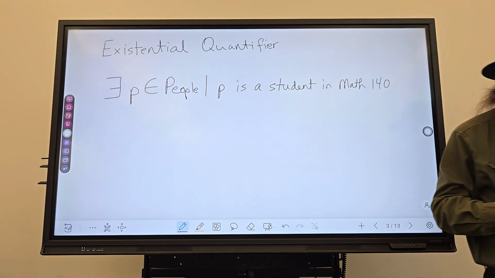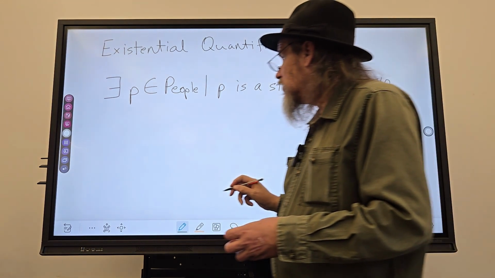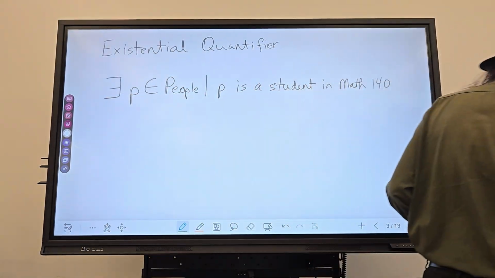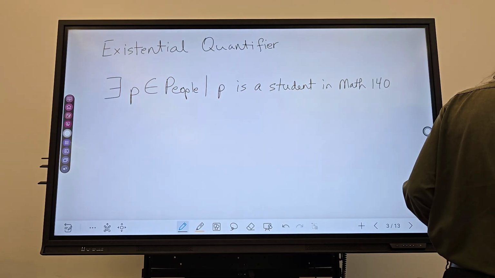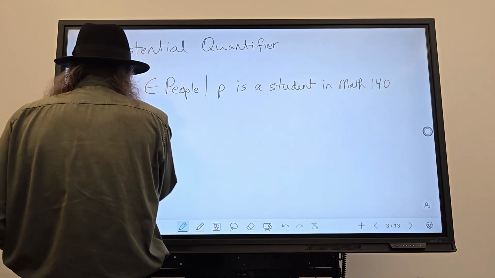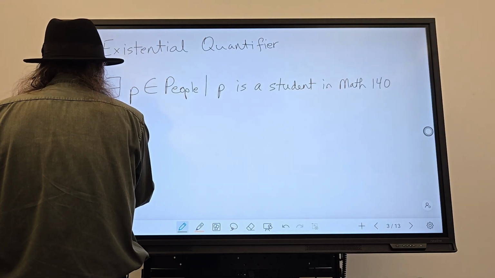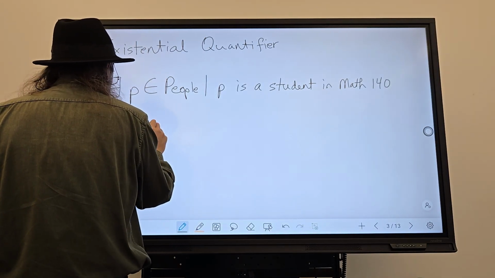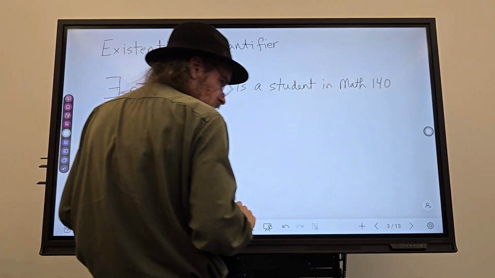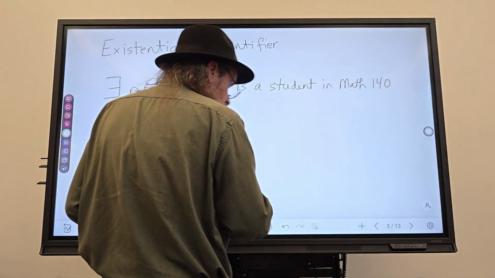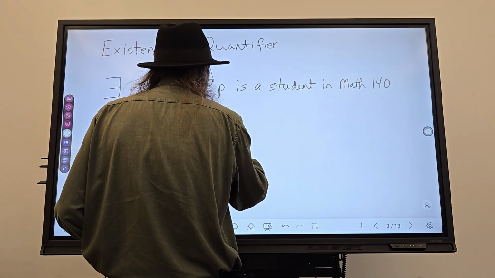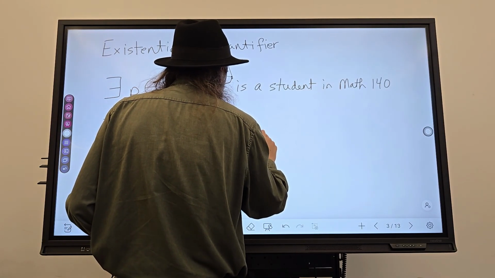So say we have: there exists an M, element of Z plus, positive integers, such that M squared equals M.